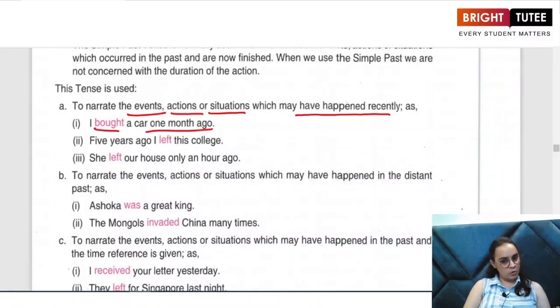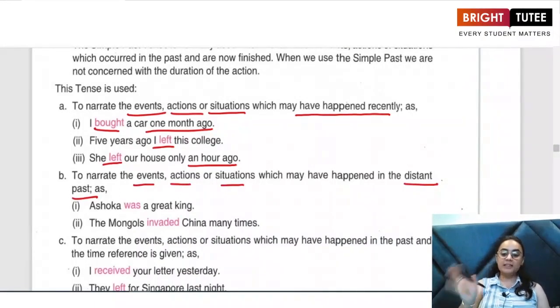5 years ago, I left this college. She left our house only an hour ago. All these sentences talk about those actions which took place in the past but in the recent past. Okay. Now the next case where we use the simple past tense is to narrate those events, actions or situations which took place in the distant past.